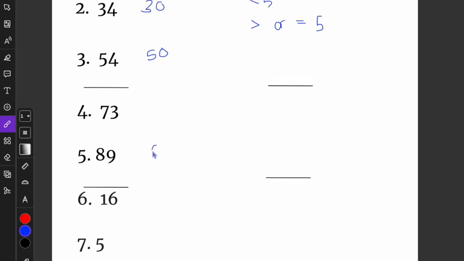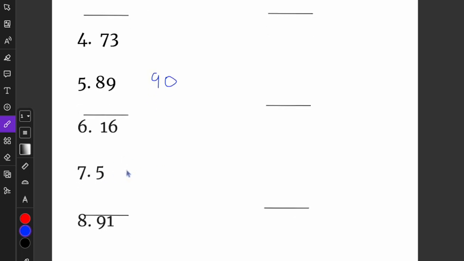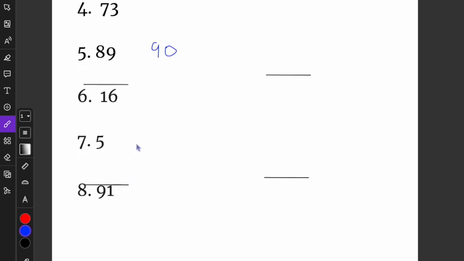So it would become 90. Let's try number 7. The ones place of 5 is just 5. And since 5 is equal to 5, it has to round up. Since 5 is in between 0 and 10, 5 would round up to 10, if you're confused.